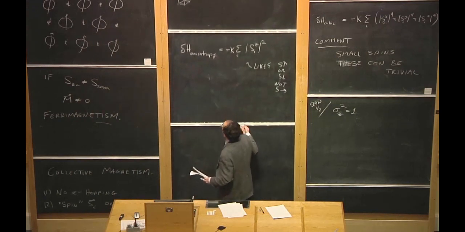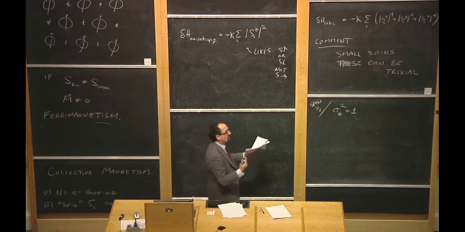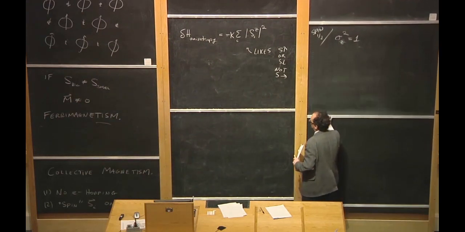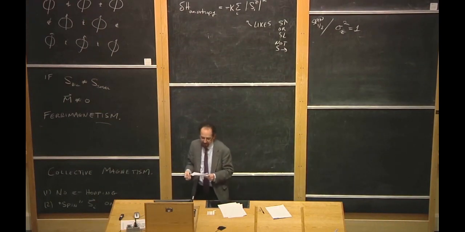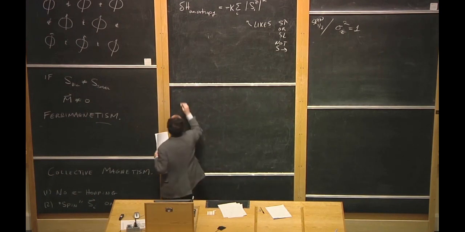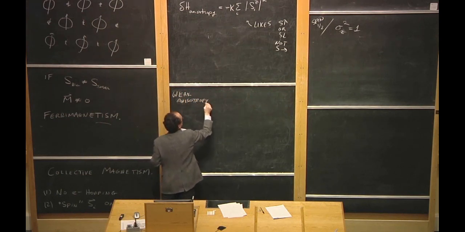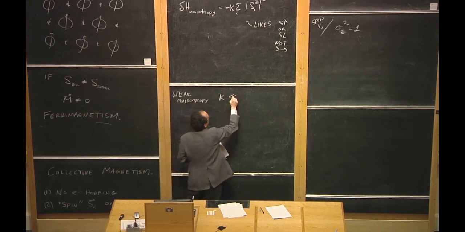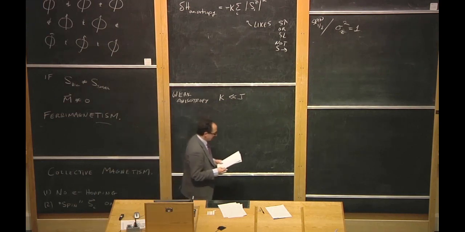So we need to think about this anisotropy, which will prefer the spins to point in some directions over other directions. And we need to think about two possibilities. One possibility is that the anisotropy is strong, and the other possibility is that the anisotropy is weak. So maybe I'll write down the weak case over here. Weak anisotropy, by which I mean that this kappa, this coefficient that occurs in the anisotropy term, is much less than J, the exchange constant that occurs in the Heisenberg term.